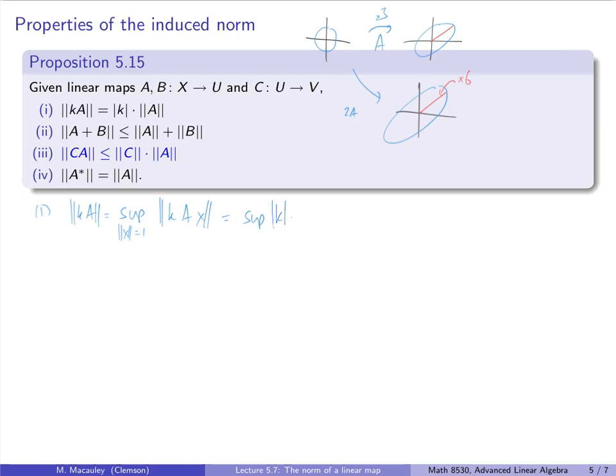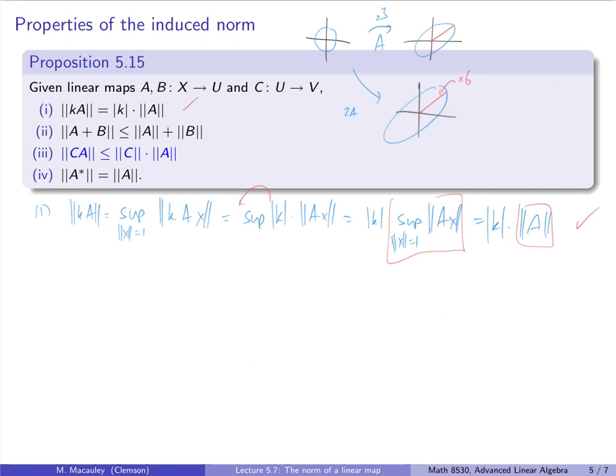So we can pull out the absolute value of k. It's the basic property of supremums. So this is the absolute value of k times the supremum over norm of Ax, with norm of x equals 1, and this is the definition of the norm of A. So that's part 1. Let's now do part 2.